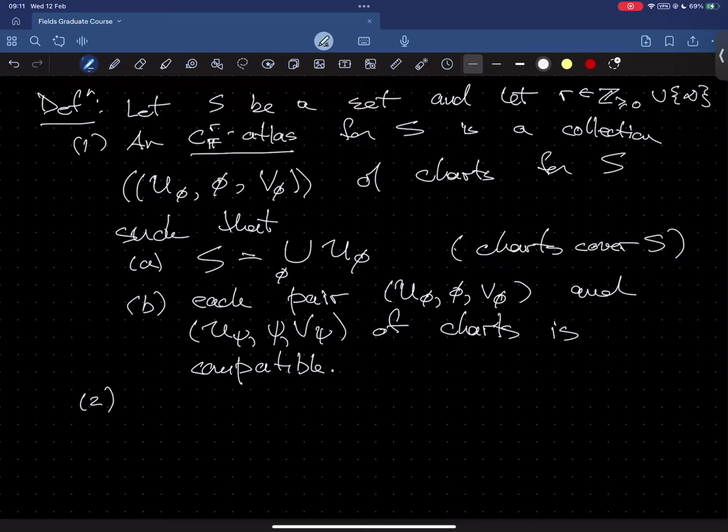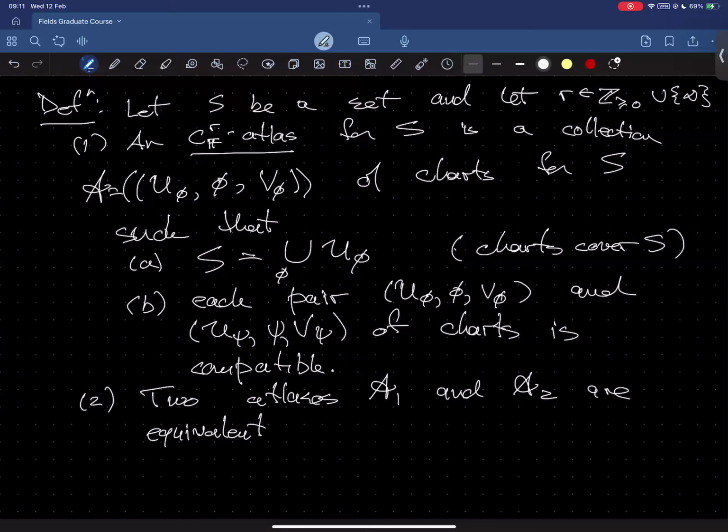Now you say that two atlases, and let me call an atlas script A, two atlases A1 and A2 are equivalent if their union is an atlas.